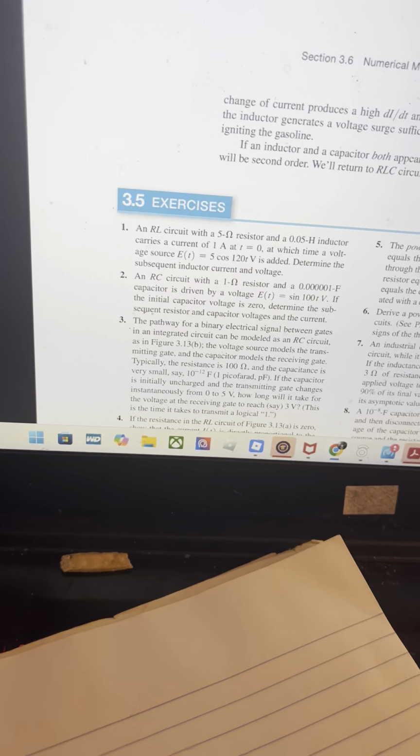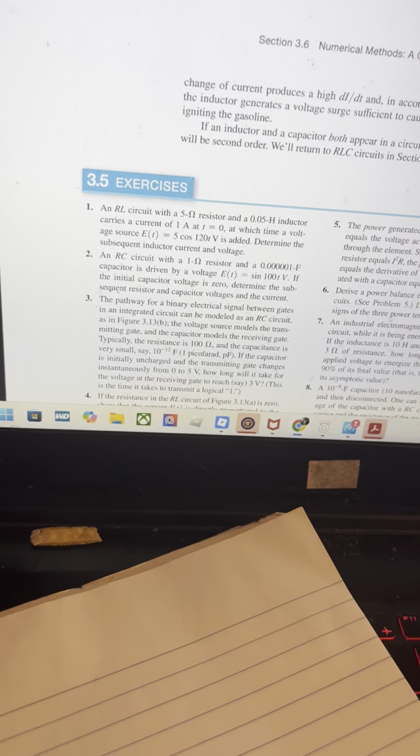For this, we'll use Kirchhoff's voltage law, given as L times the change in current over time, plus resistance times I, equals E of t.